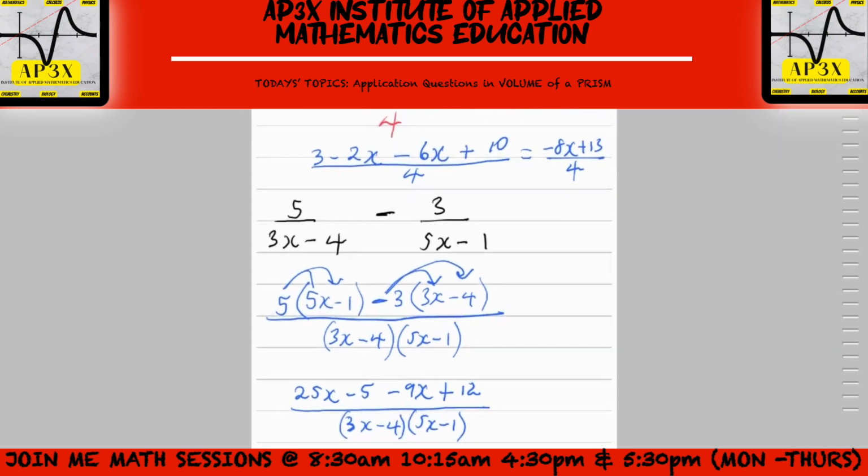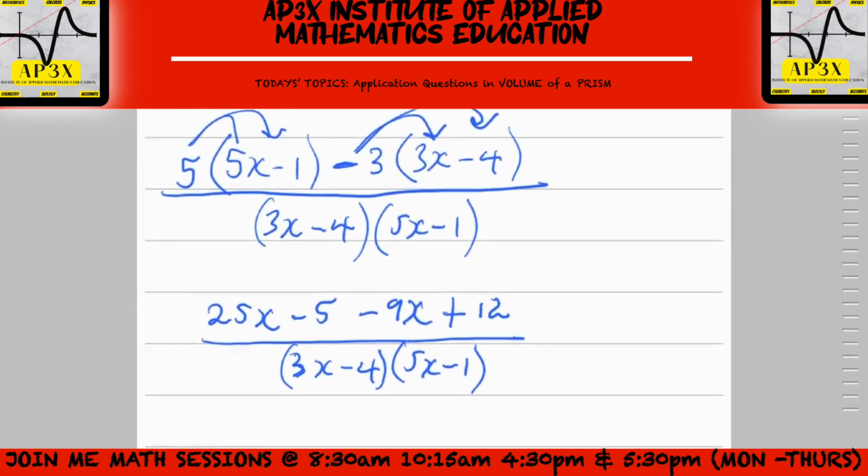Again, as I said, guys, if you want to group, rewrite another line and say 25x minus 9x minus 5 plus 12, that's also fine if you're a little bit timid in terms of getting the result. But if you have been watching all my other previous tutorials, you most likely will be confident enough to see that 25 take away 9 is in fact going to be 16x.